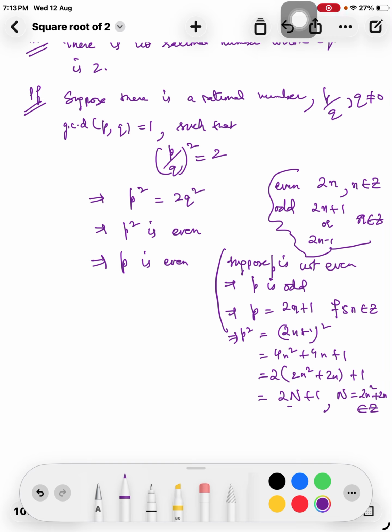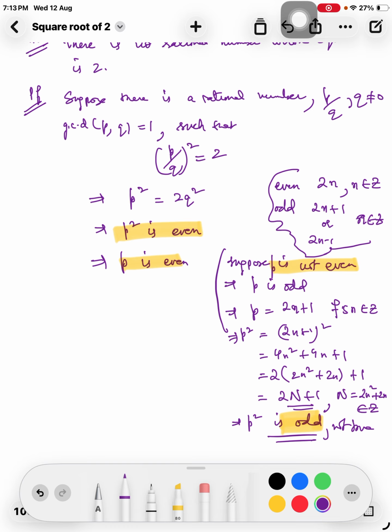So now the moment we get 2m plus 1, p square is odd. But here we are getting p square is odd, but earlier we had said p square is even. So this is a contradiction, or this is not true, right? So that means p is not even is a wrong statement.